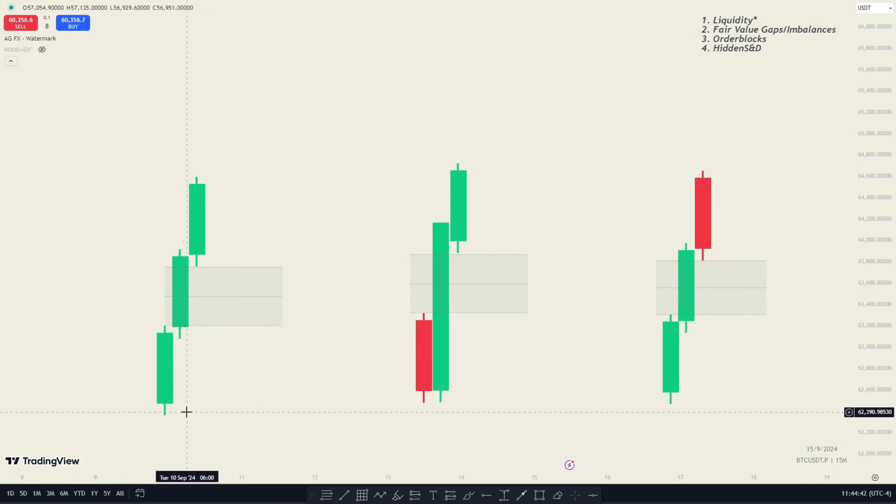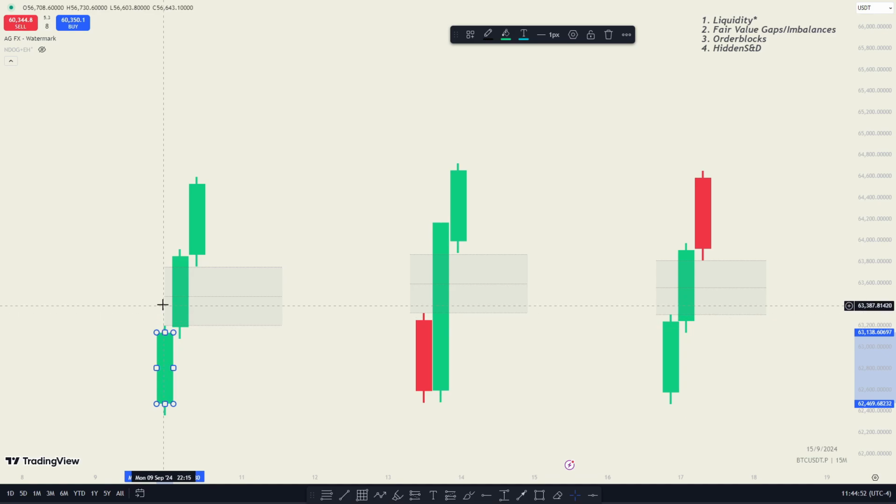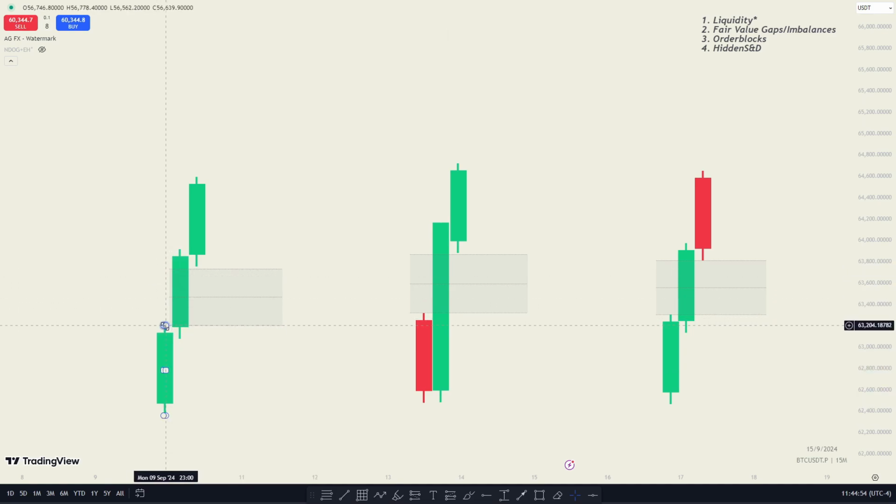When price is printing, we might create a candle that does not get overlapped by wicks from both sides. So for example, if this wick here would overlap it, it wouldn't have been a fair value gap.